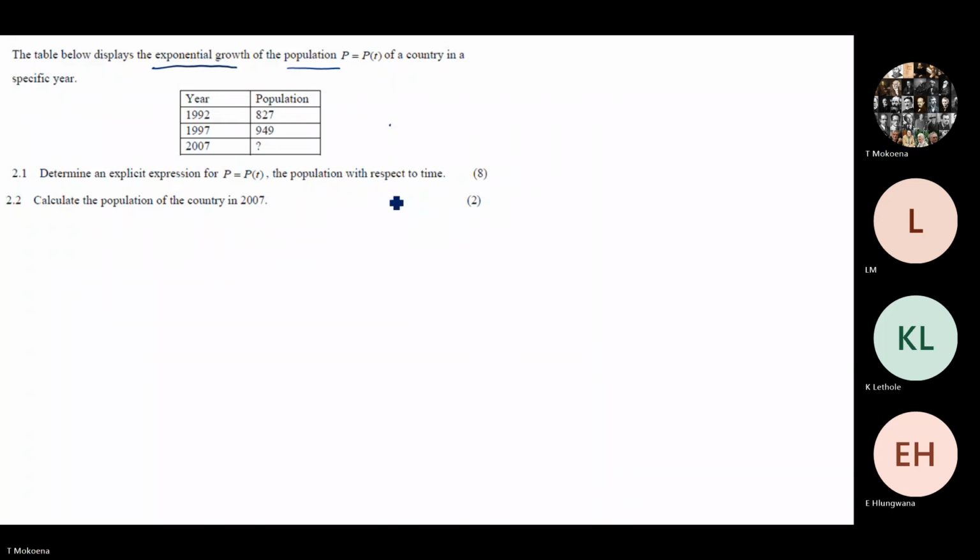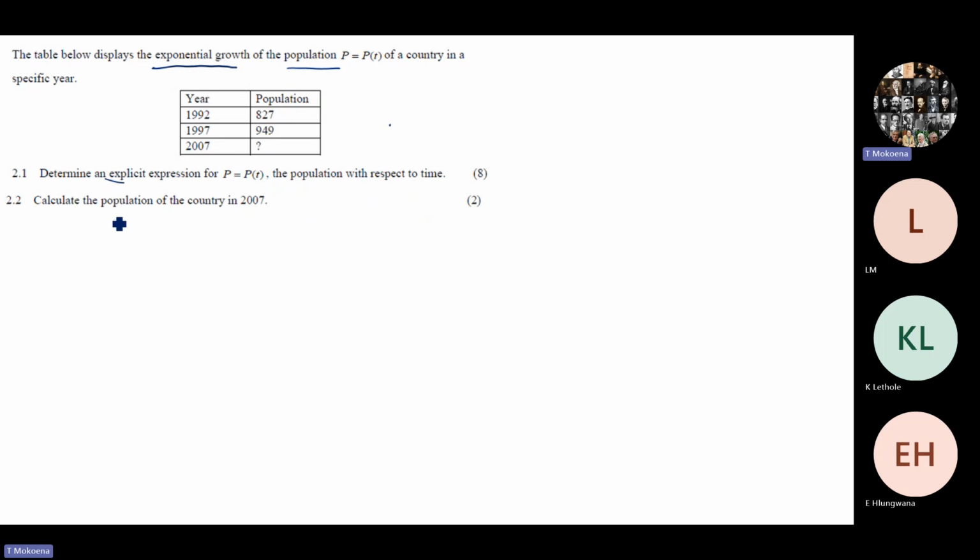So what do we want to do? We want to determine the explicit expression. And here's the thing, guys, we should be able to know how to answer these questions. They say explicit. There is implicit and there is explicit. When they say explicit, that means you need to determine your equation in some sort of simplified form.